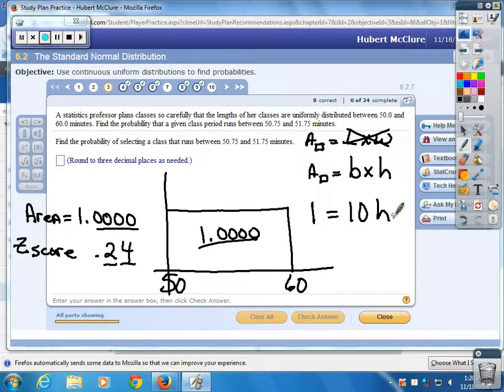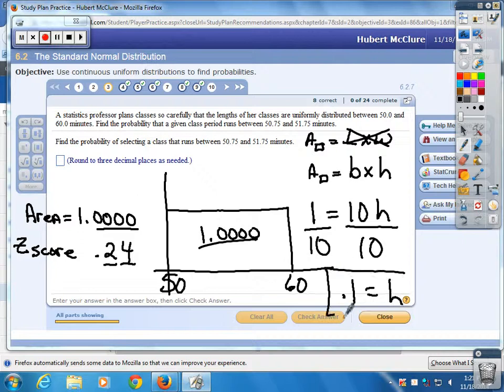If I have my area and I have my base, what can I find? The height. So I divide by 10. 1 over 10 is 0.1. So your height is 0.1 and your base is 10.